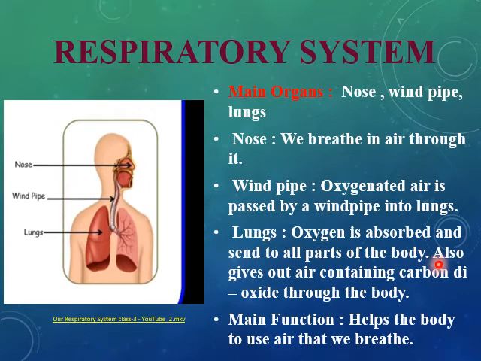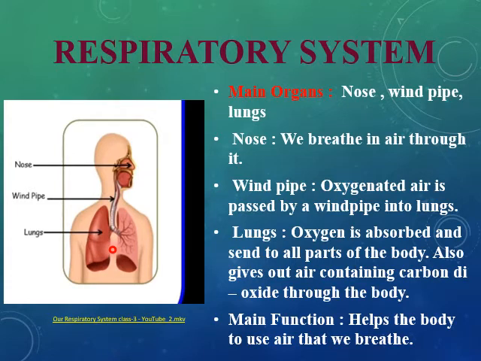See children, in the lungs, the oxygen is absorbed from the inhaled air. Whatever oxygenated air is carried from this windpipe into the lungs, from that inhaled air the oxygen is absorbed by these lungs.